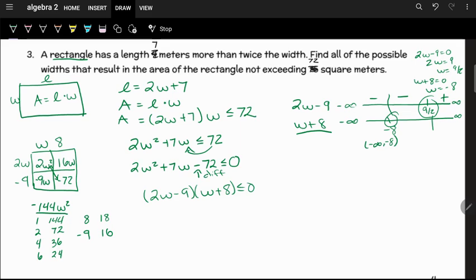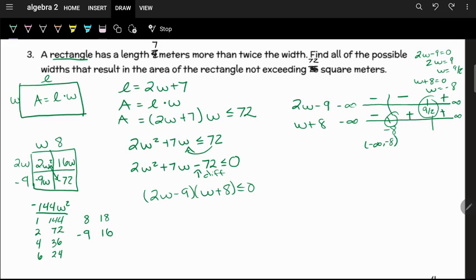For w plus 8, if we are less than negative 8, let's say we're at negative 10, negative 10 plus 8 is going to give me a negative 2, which is negative. Something greater than negative 8, 0 plus 8 is 8, that's positive. Okay, so now coming back to this interval between negative infinity and negative 8, we have a negative times a negative.